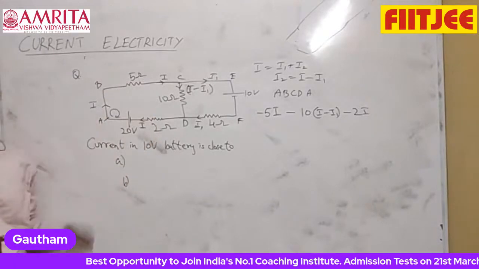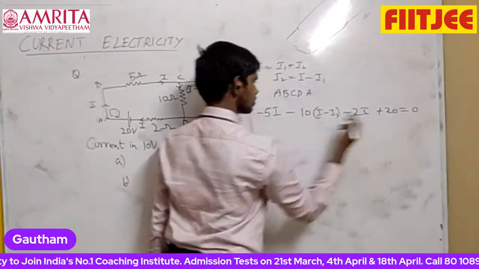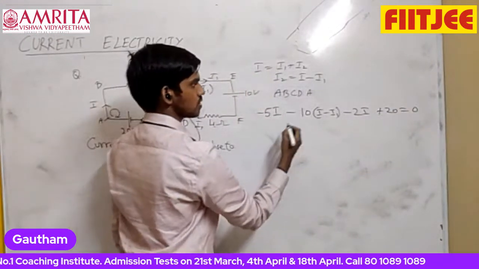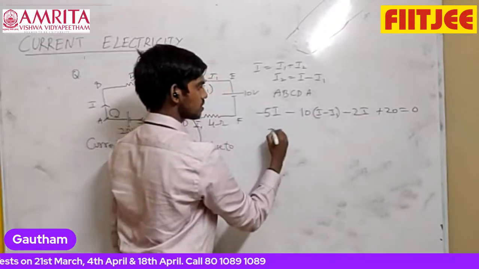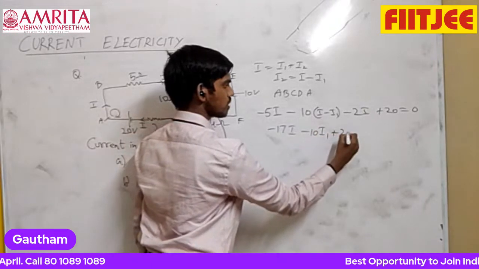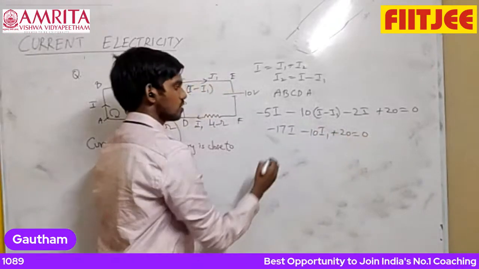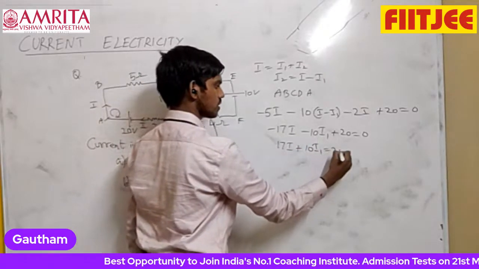So potential is increasing by plus 20 equal to 0. So simplify this equation. Minus 5I minus 10I, 15, 17. So minus 17I minus 10 I1 plus 20 equal to 0. So this is the first equation. 17I plus 10I1 is equal to 20.